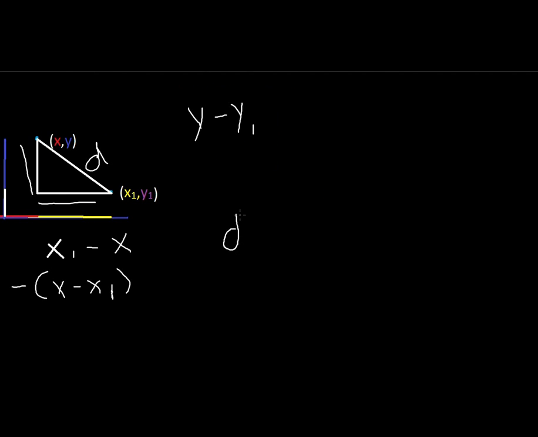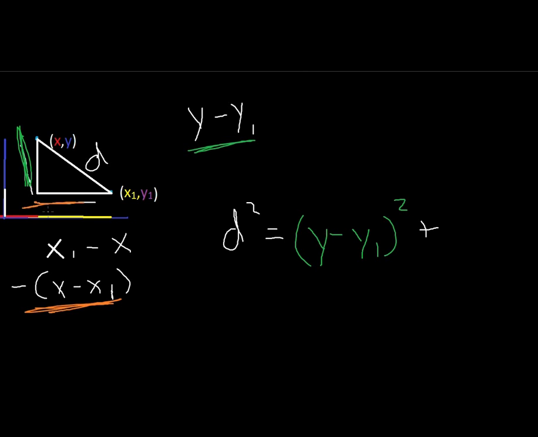So D squared is equal to, let me color code it, this side squared, y minus y1 squared, and then plus this right here, which is this distance, and let me code that in orange, this distance plus that distance.